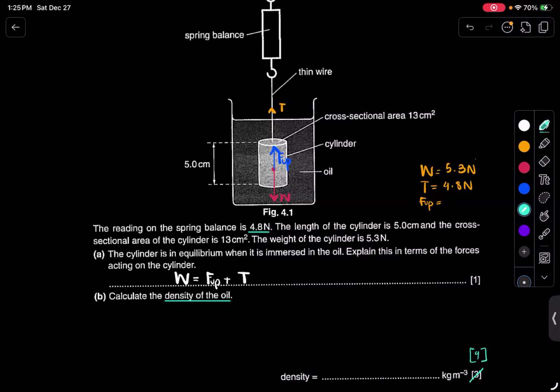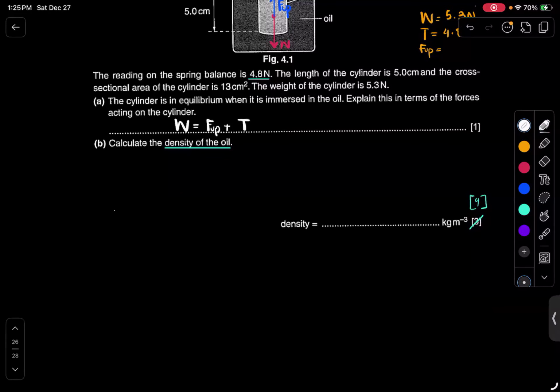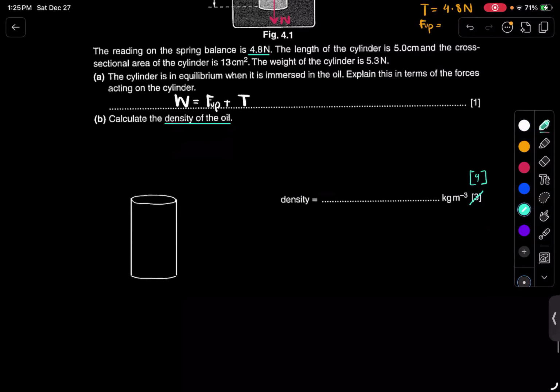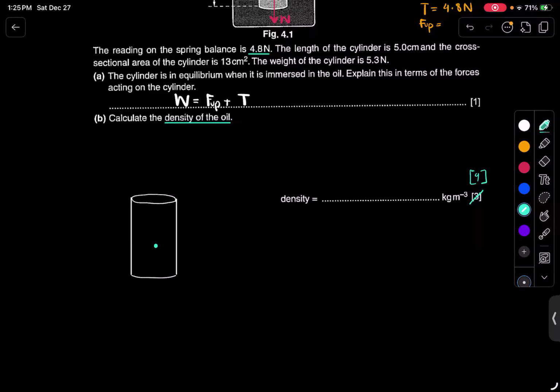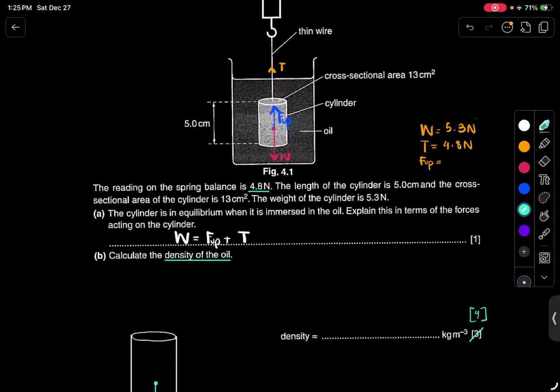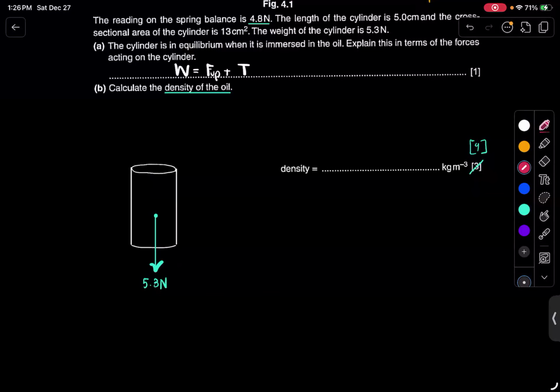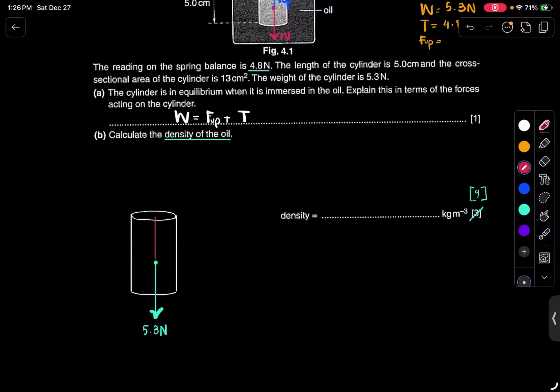How to solve this question? Tough question. Okay, so at the moment, let's make the cylinder first. So this is the cylinder, and they've said to me that the weight is 5.3 Newton, and you have two forces acting upwards: tension plus F upthrust.